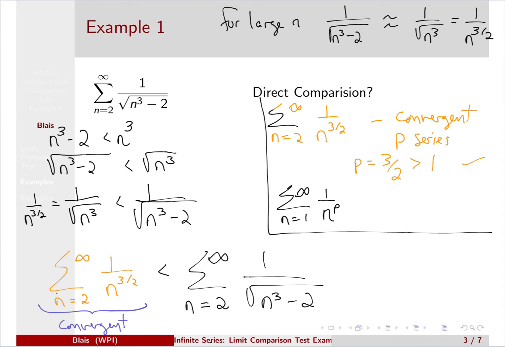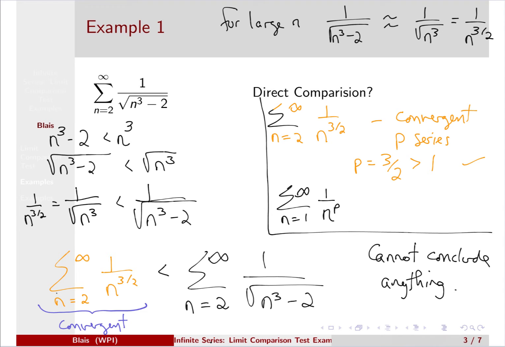To try and claim that our series is convergent, which we expect it to be because of the argument we made here, we need to find a larger convergent series that dominates it. Finding a smaller convergent series doesn't help us, so we cannot conclude anything from this attempt at the direct comparison test.